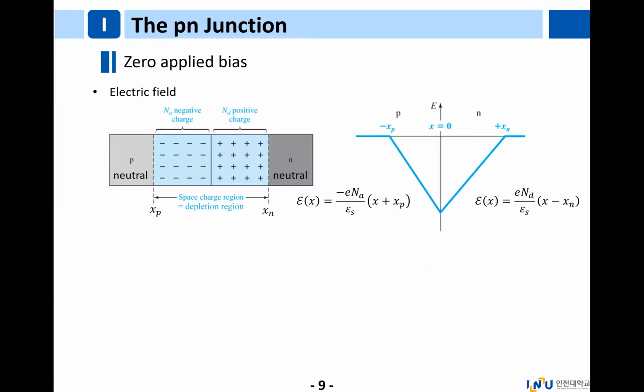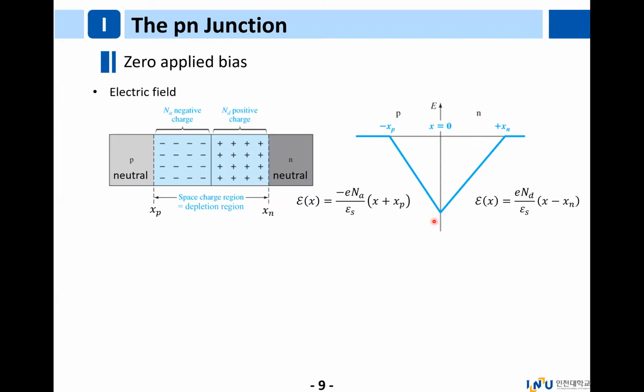Now let's determine the maximum value of the electric field in the PN junction. It has been mentioned that the intensity of the electric field is maximum at the junction where x equals 0.